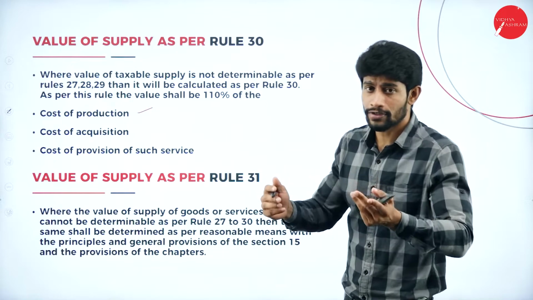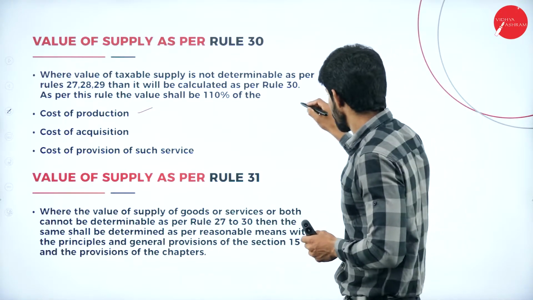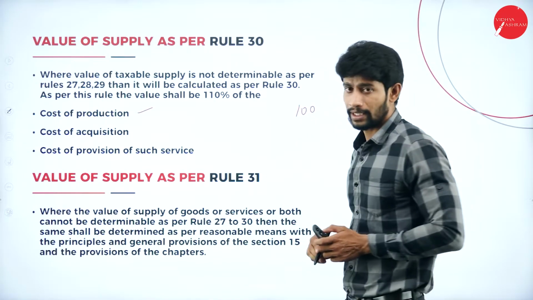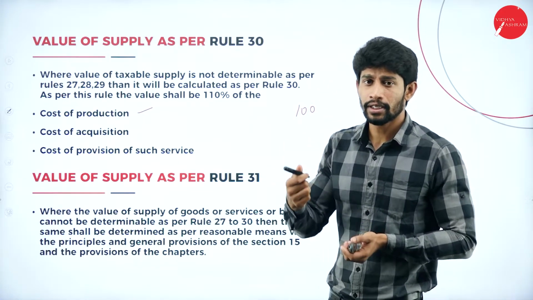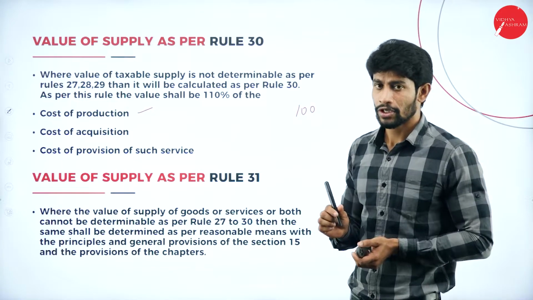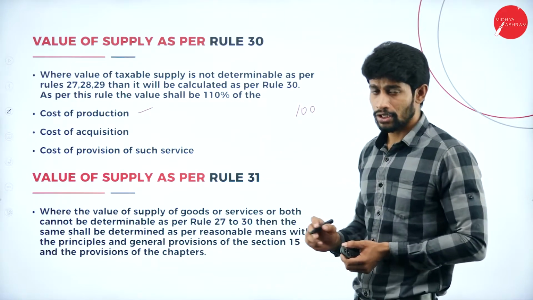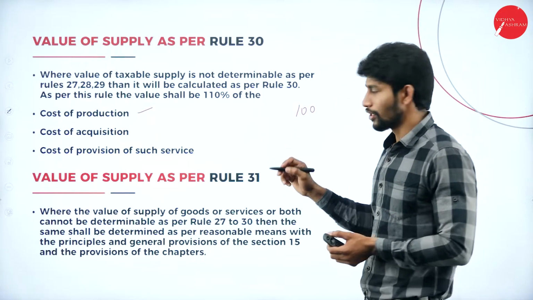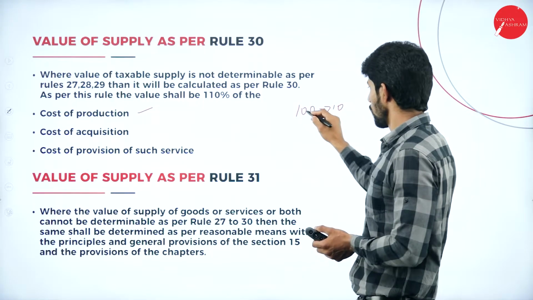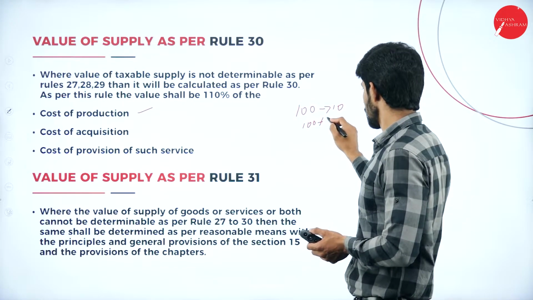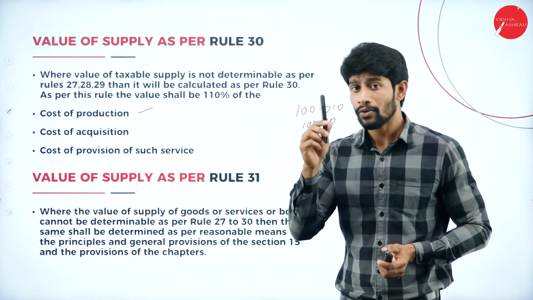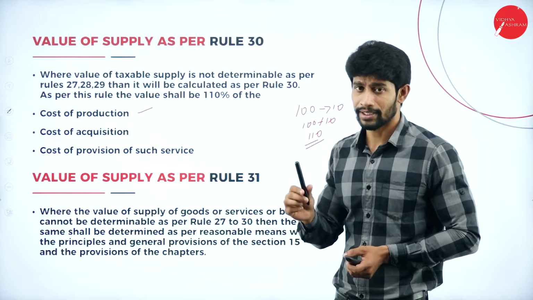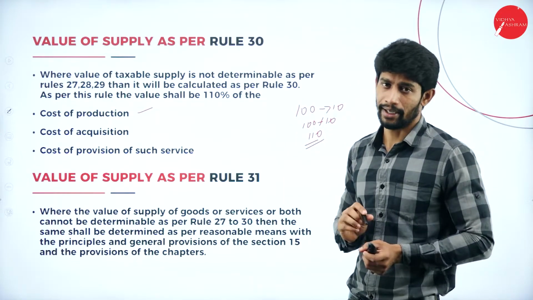Yes, if the cost of production is 100 rupees, let us say to produce a pen, the manufacturer incurred 100 rupees of expenditure. So, 110% of that. 100 rupees into 10%, you will get 10 rupees. So, 100 plus 10, 110. So, 110 rupees will be the value of taxable supply. That is the value of this particular pen.